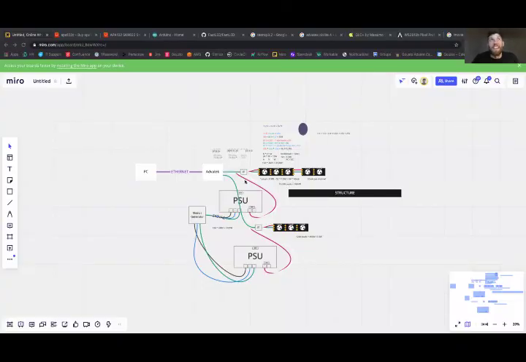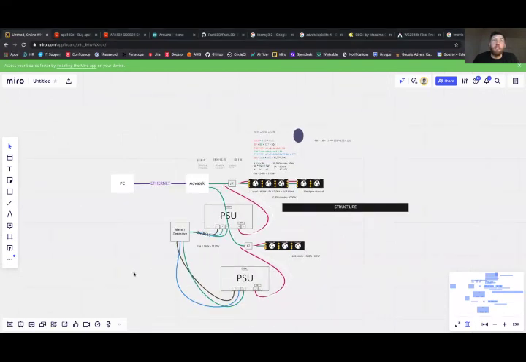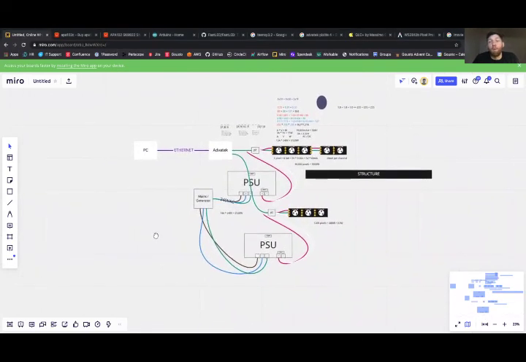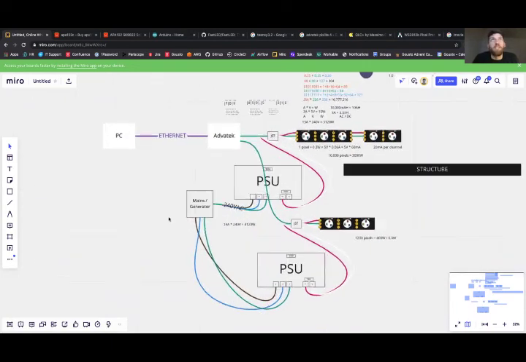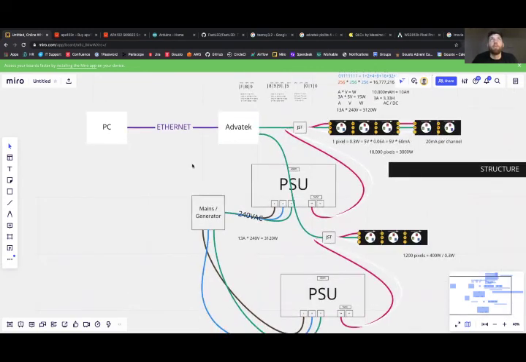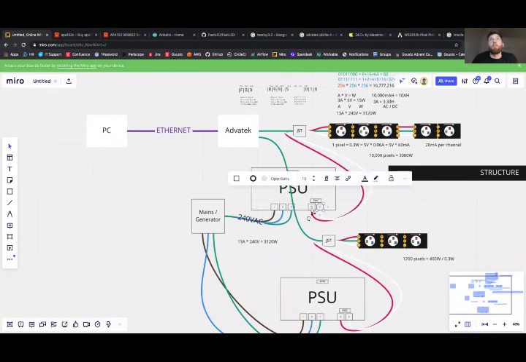Now we've done a lot and we're nearing the end, but I would like to show you just how deep the rabbit hole goes by adding a few more connections in to this circuit diagram in order to show how it can multiply out even further. So just to clarify a couple of things, occasionally your Advatek controller will want its own inputs from the power supply. So let's just draw those in.